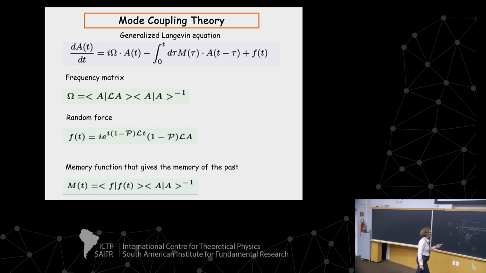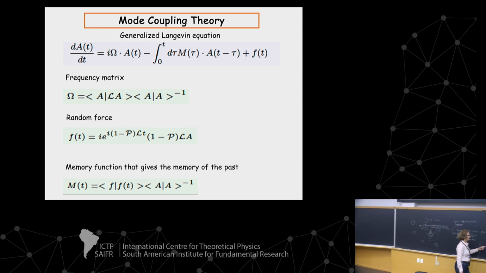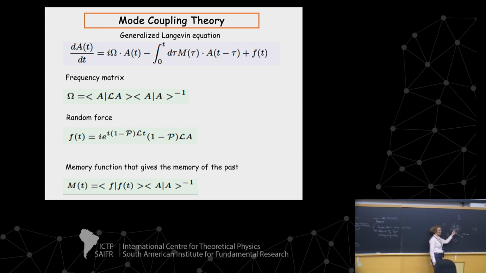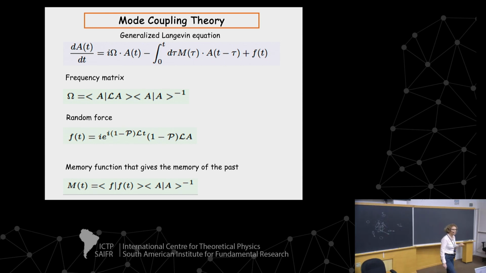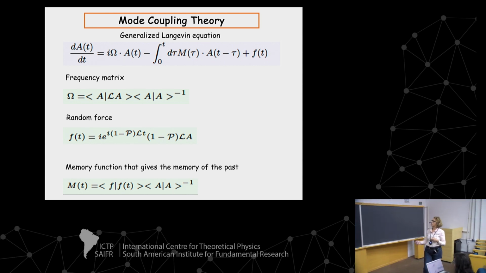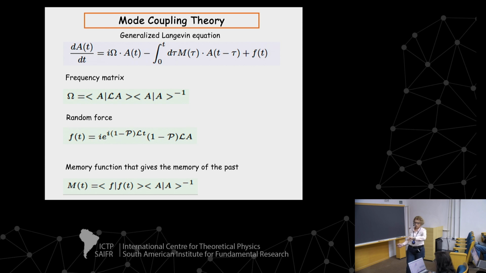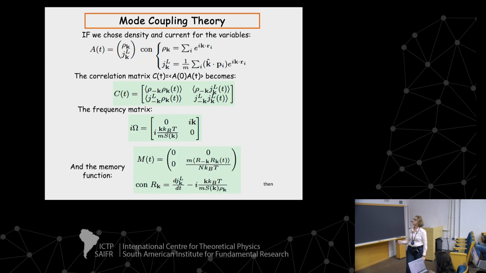But of course, if we want a particle to rattle in the cage, then we have to remember the past. We have to remember that we are in a particular situation. Because if I changed every time, not remembering where I was, it would be like living somewhere else. But this rattling in the cage is something that needs the memory. So the memory function gives the memory of the past.